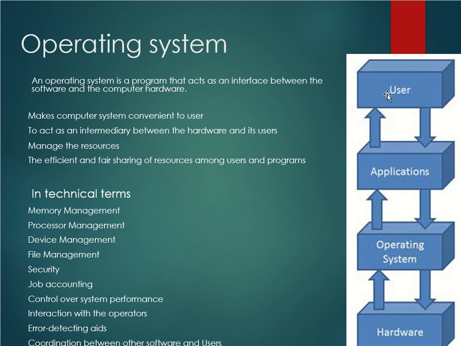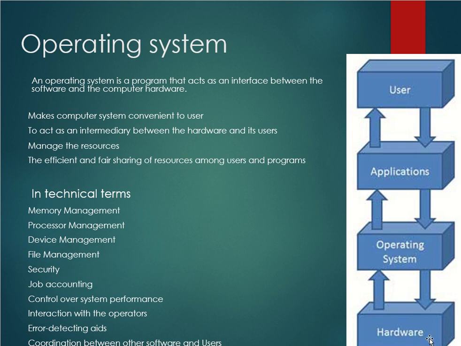You can see in this stack, at the top we have the user, then applications, that means the programs that we use for our day-to-day work, and just below that lies the operating system. That means without this operating system, these applications can't be performed.